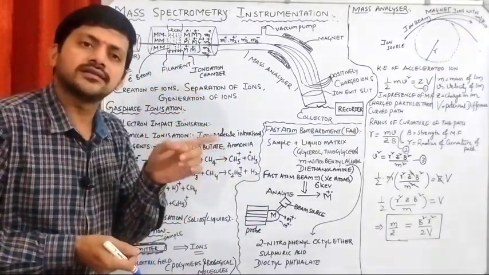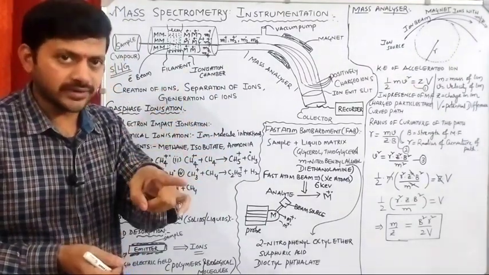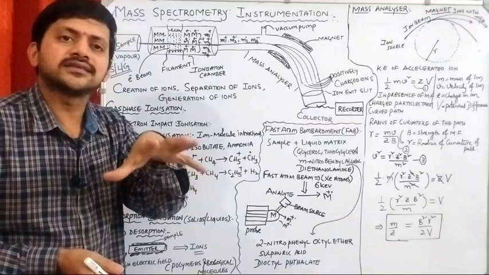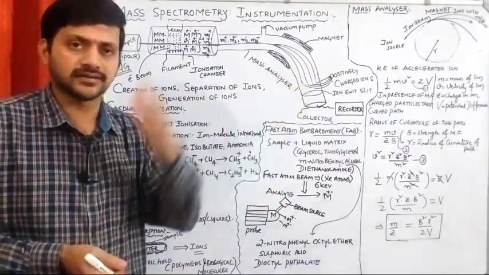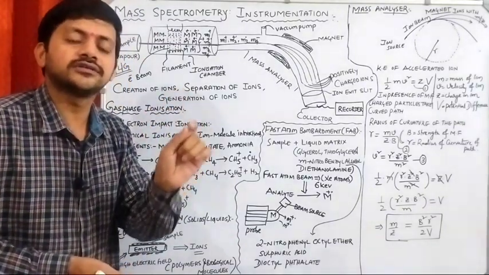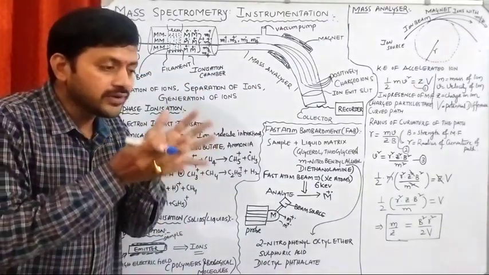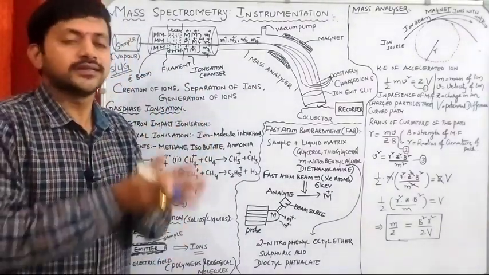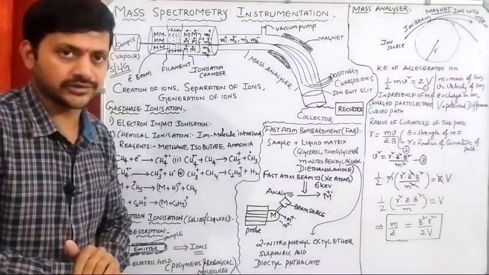The molecular ion is subjected to fragmentation, thereby we get the fragment ions. The fragment ions are separated in the mass analyzer, thereby we can detect the different kinds of positively charged ions based on their m by z values. So how can we get the m by z value? That can be discussed under the topic called instrumentation.